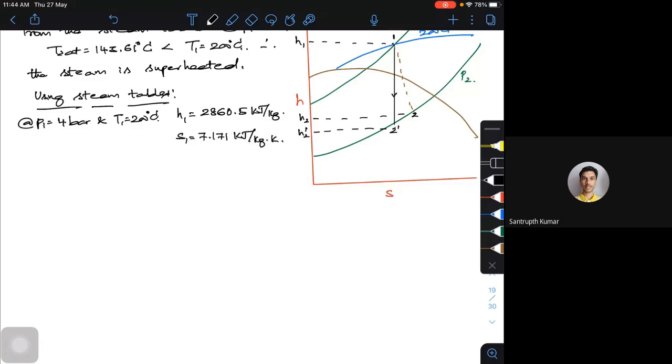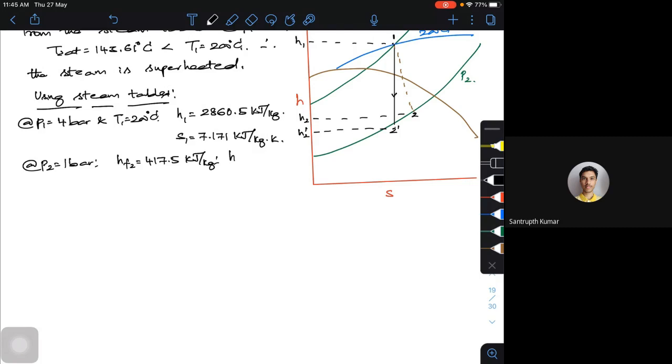Now similarly, at P2 equal to 1 bar, let's find Hf2, whatever it may be. It is 417.5 kilojoules per kg. Then Hg2, directly if you want, you can take Hfg2 or Hg2 directly, whichever way you want.